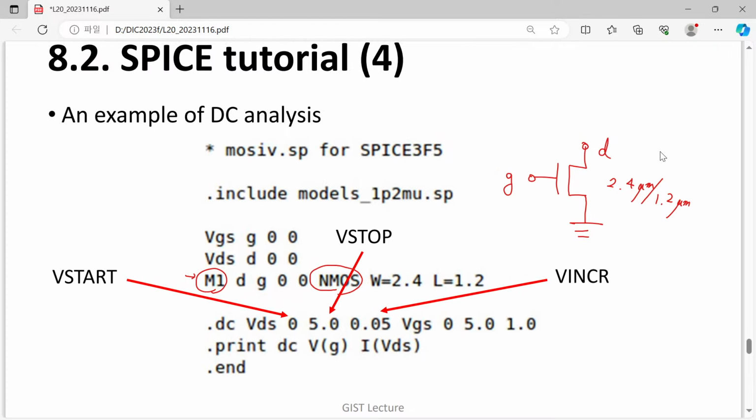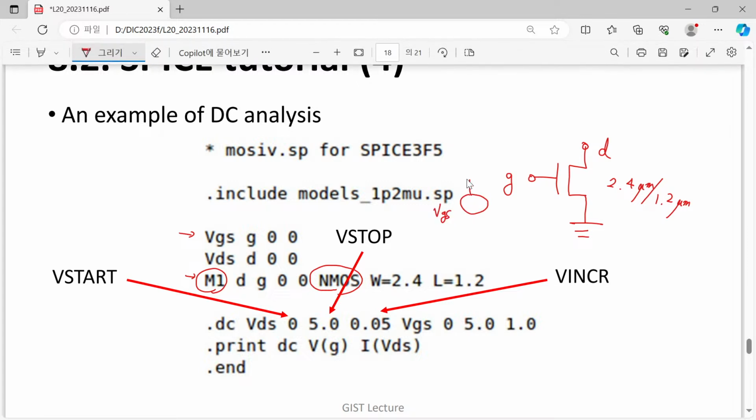After that, even though we have a MOSFET here, we must also specify the voltage sources connected to the gate and drain. Where can you find it? Here you can find it. There is a voltage source called VGS, and it is connected to the gate and ground.